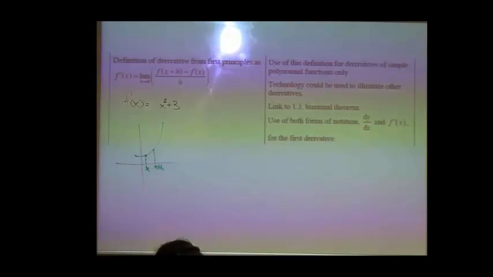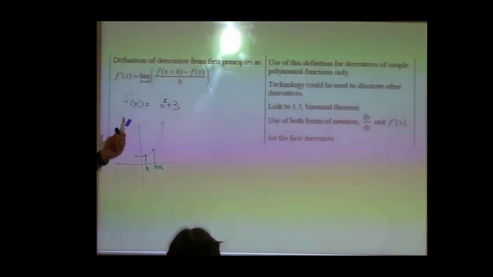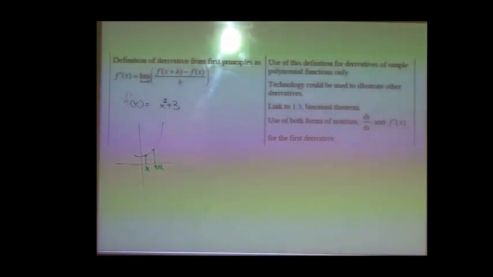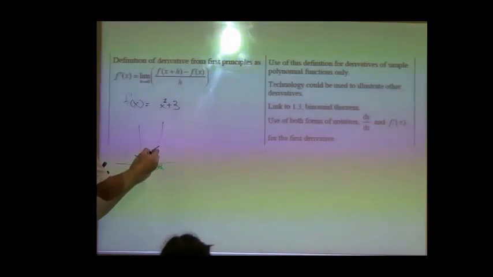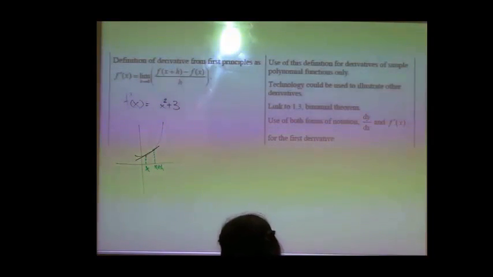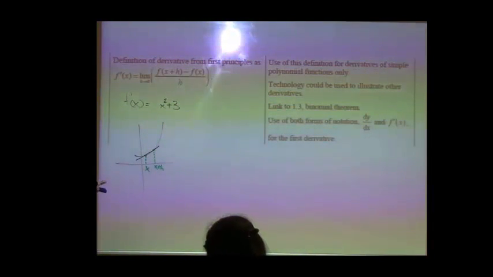And if I move it over h amount, then I have x plus h. And I'm finding the slope between those 2 points. What slope? Difference in y values divided by the difference in x values.